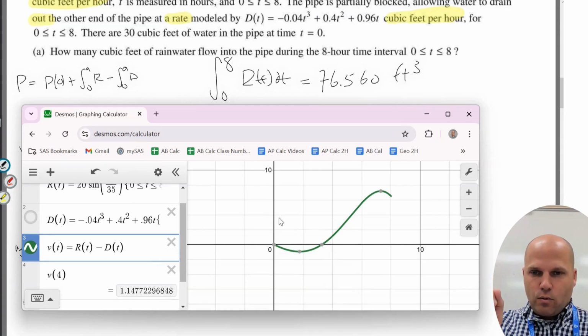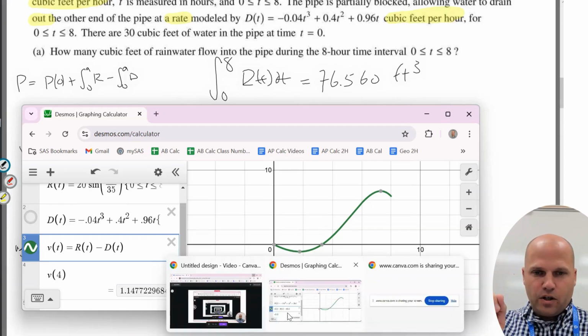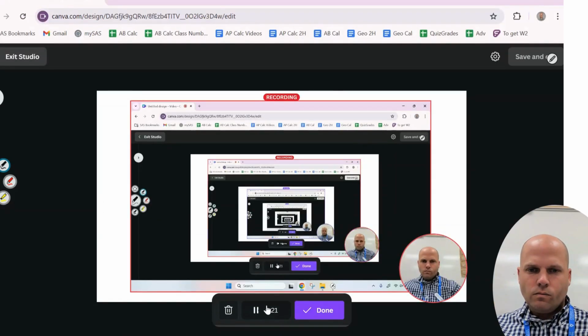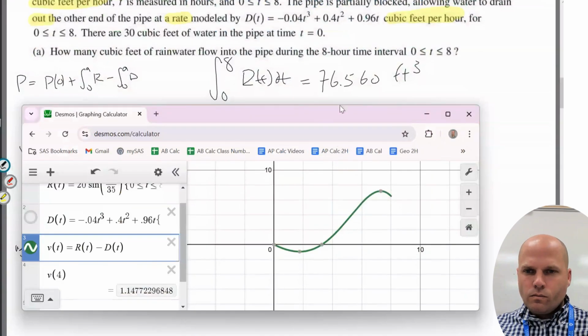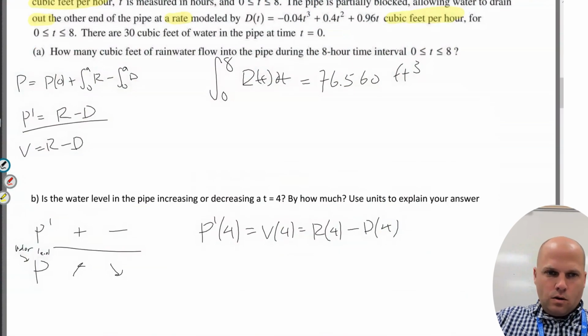So there's your value, 1.147 cubic feet per hour. Cool, 1.147 cubic feet per hour.